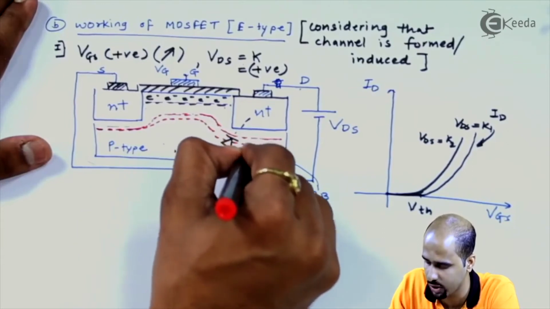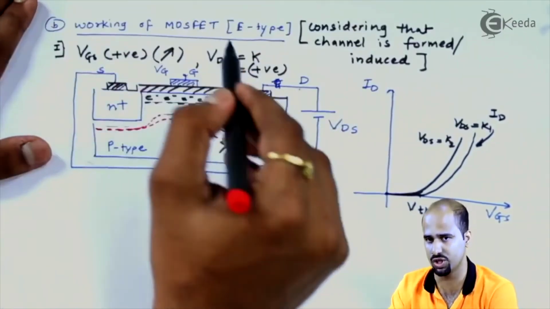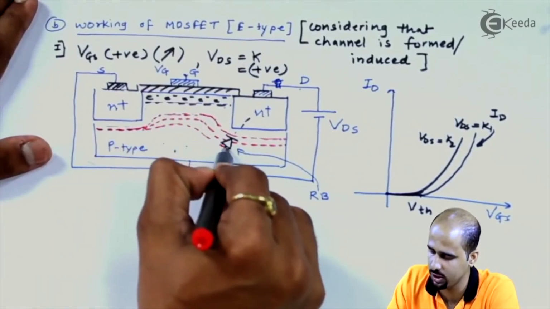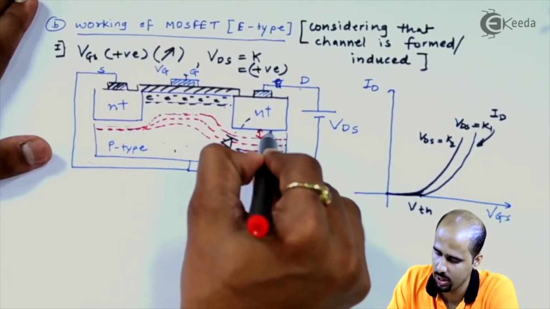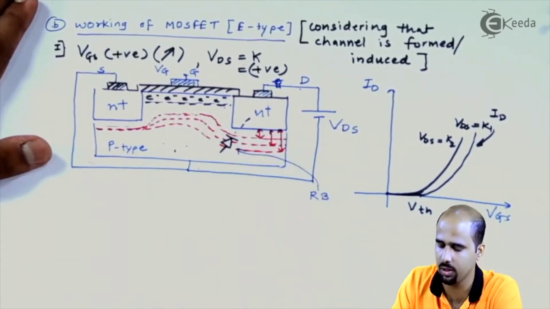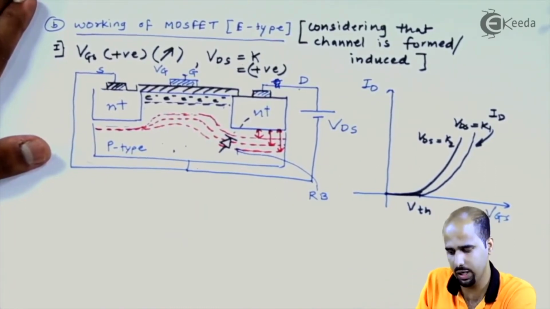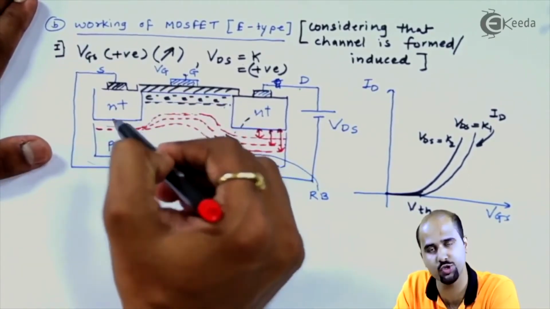So as I'm moving the value of VDS towards more positive, I will be getting more and more thickness of this particular junction. So the question arises, will my width increase towards the source region?